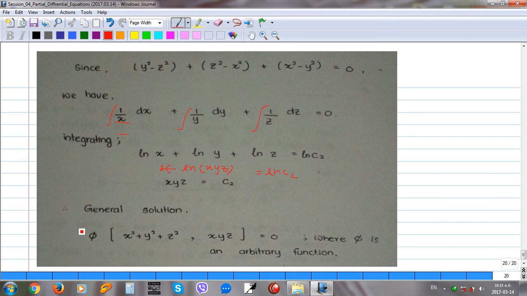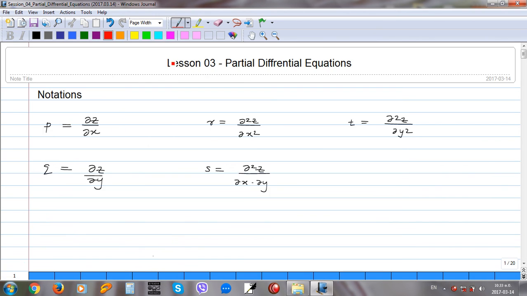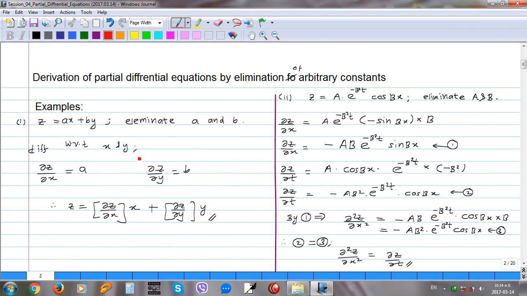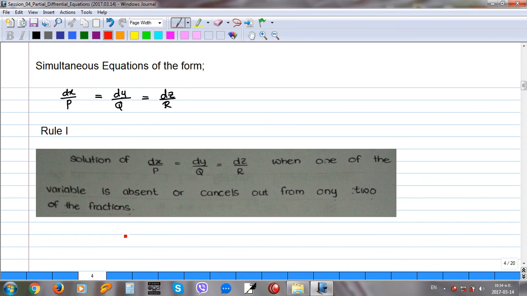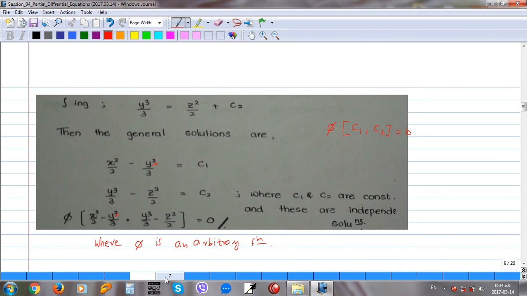So this is the way of solving partial differential equations by using these. First we talked about how to eliminate the constant, and second we took this simultaneous equation of the form dx over p equals dy over q equals dz over r, and we use 3 rules to solve the problems.